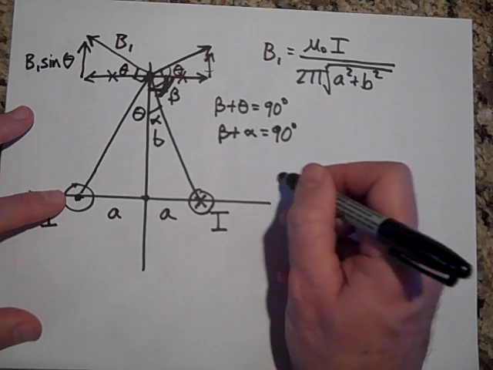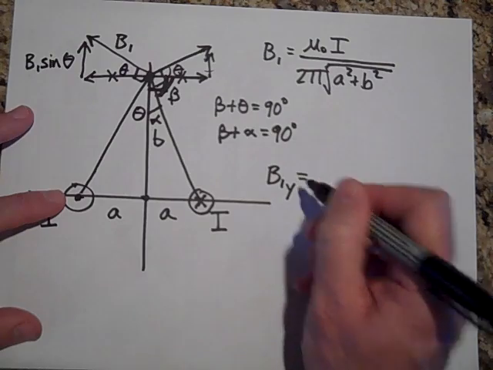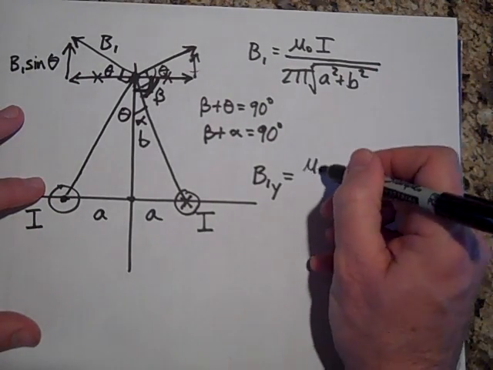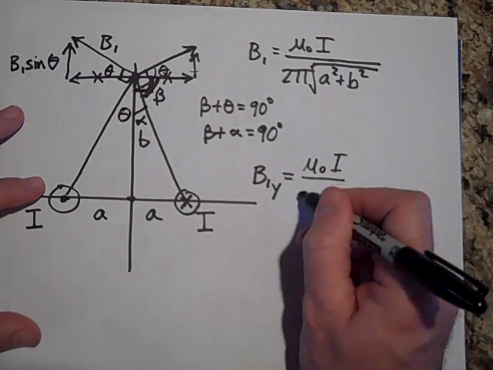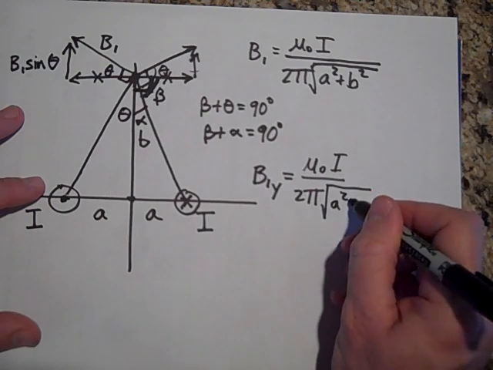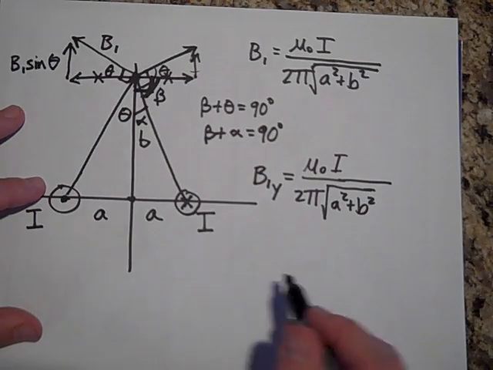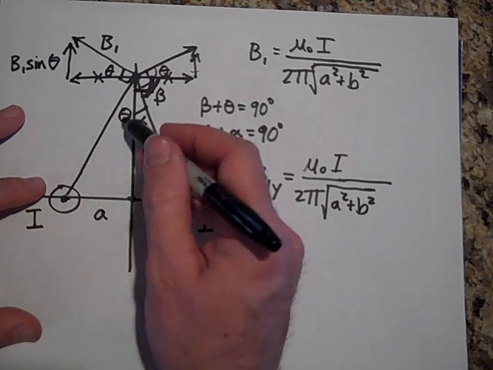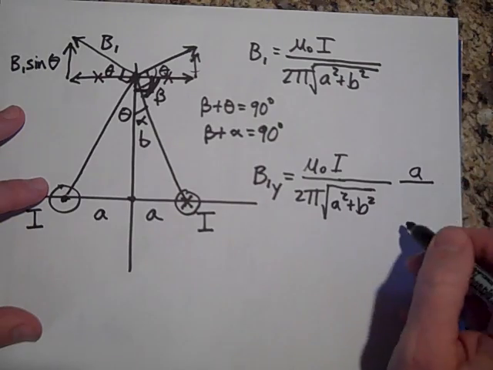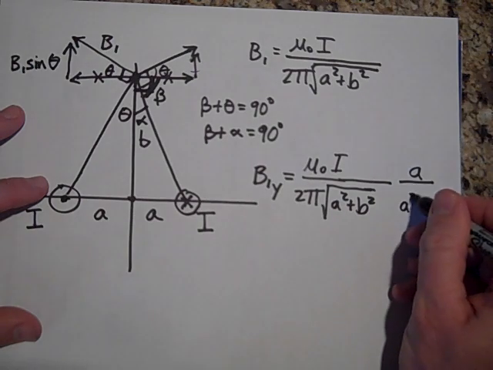So if you want just the y component of B1, it's going to be B1 times the sine of theta. Now for sine of theta, I'm going to do opposite over hypotenuse. Now the hypotenuse of this is the square root of a squared plus b squared.